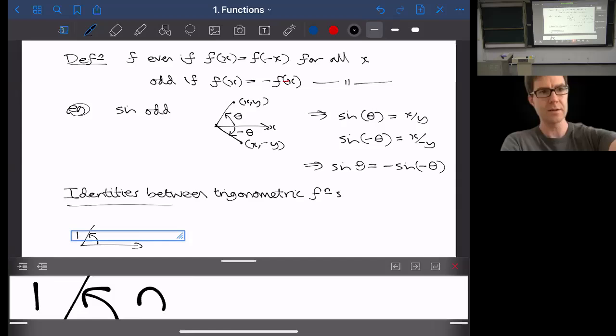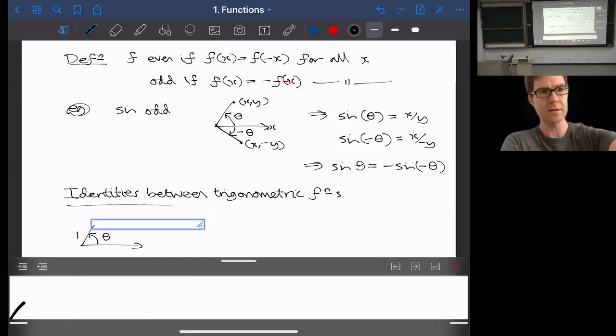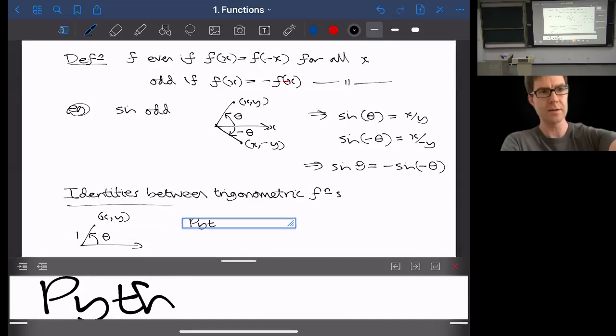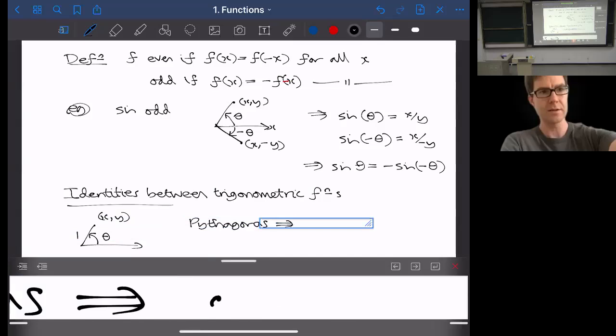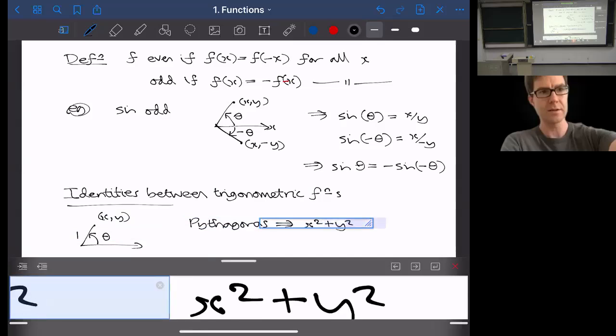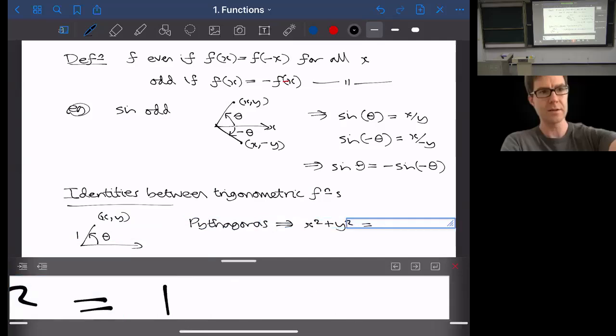This line has length 1. And then by Pythagoras, x squared plus y squared is 1.